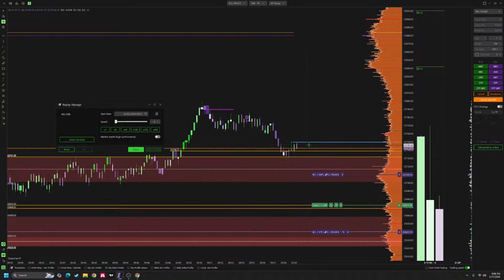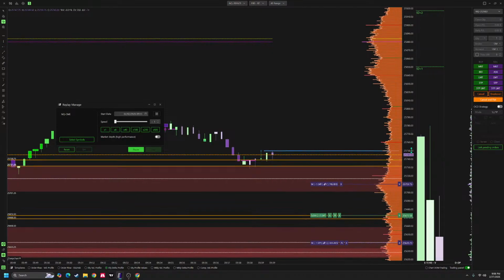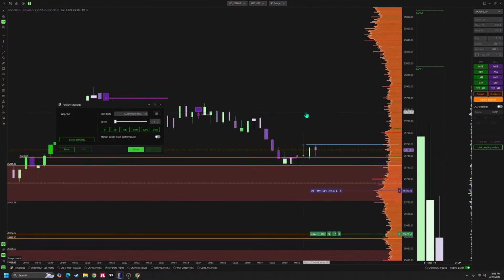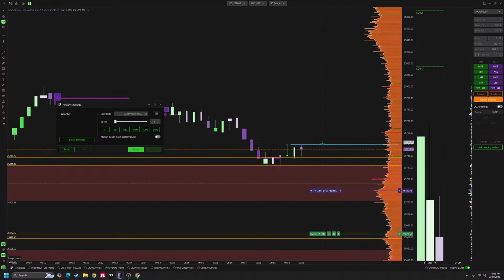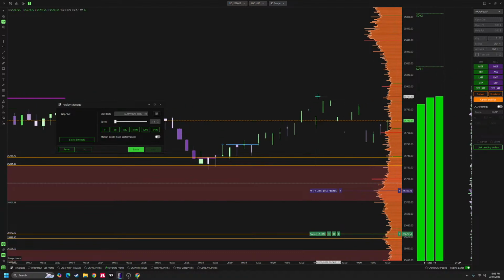Now on a retest here and some force, let's go back to 1. If we break back through this level here with a strong fat green candle, we're going to buy it.